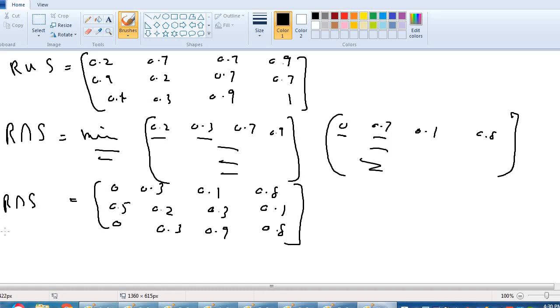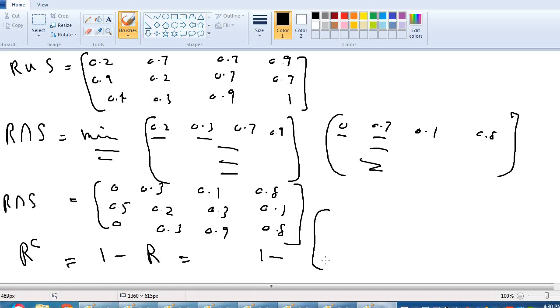Now the last example for this is, if we have to find the R complement. What is the complement of R? It will be 1 minus R. We just subtract all the values of R from 1.